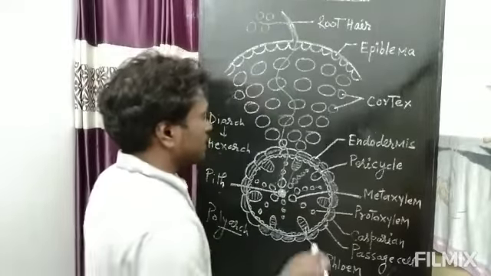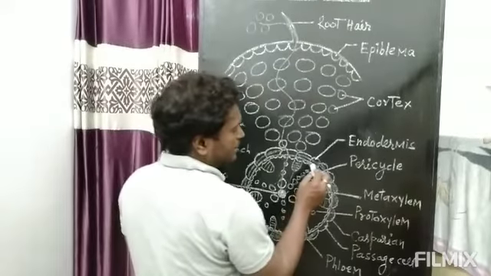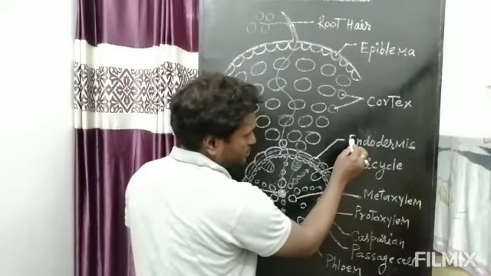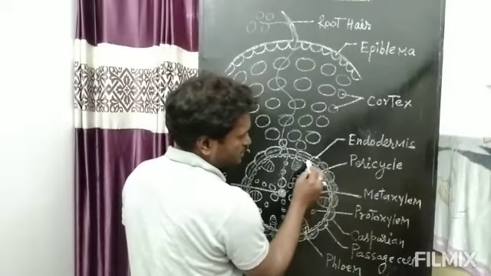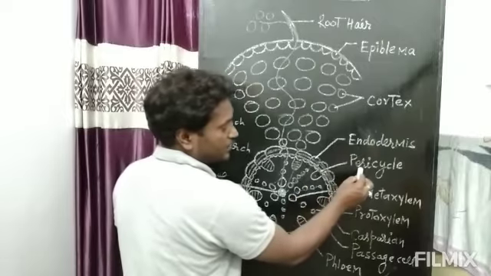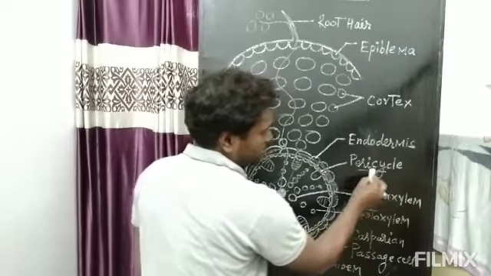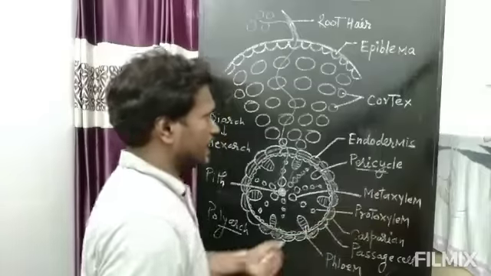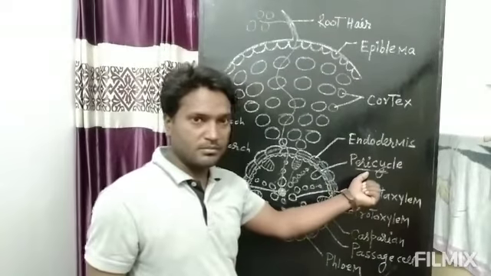Third one is pericycle. In the case of dicot root, this one is endodermis, and this is pericycle. It is present just below the endodermis. In dicot root, pericycle helps in production of lateral root and cork cambium.